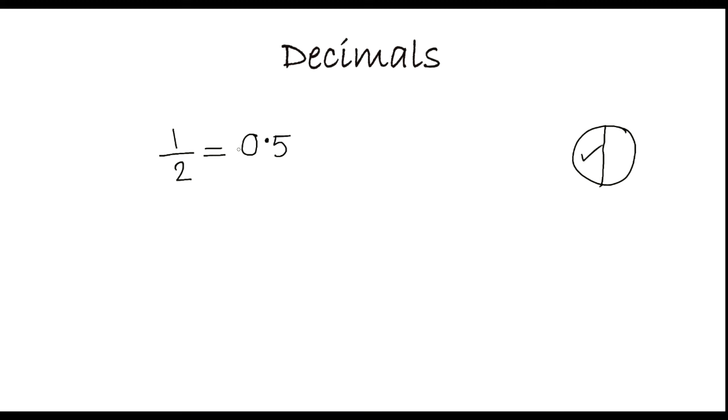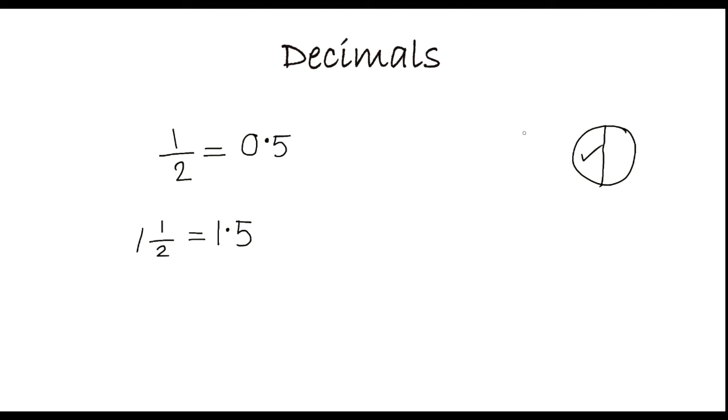Sometimes you will have a whole number here other than 0. Suppose I write 1 whole and half, then the decimal will become 1.5. Now here the whole number is 1.